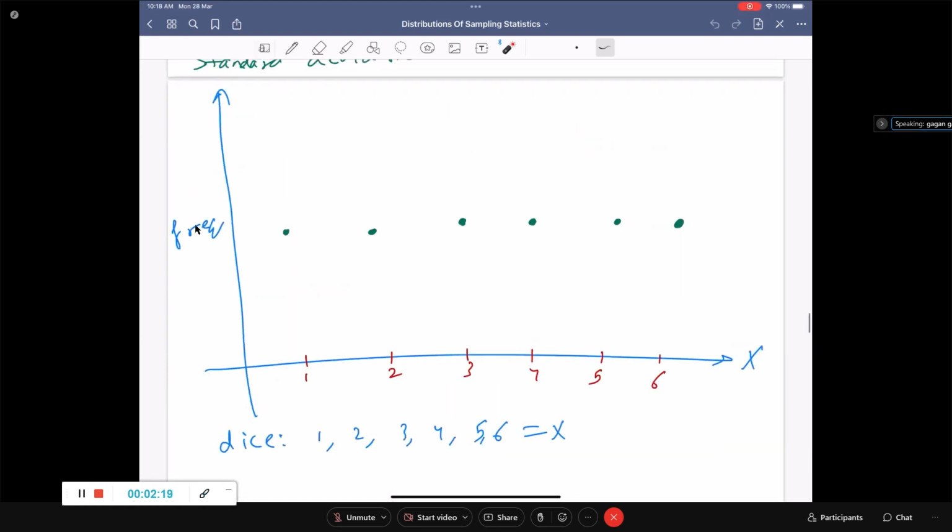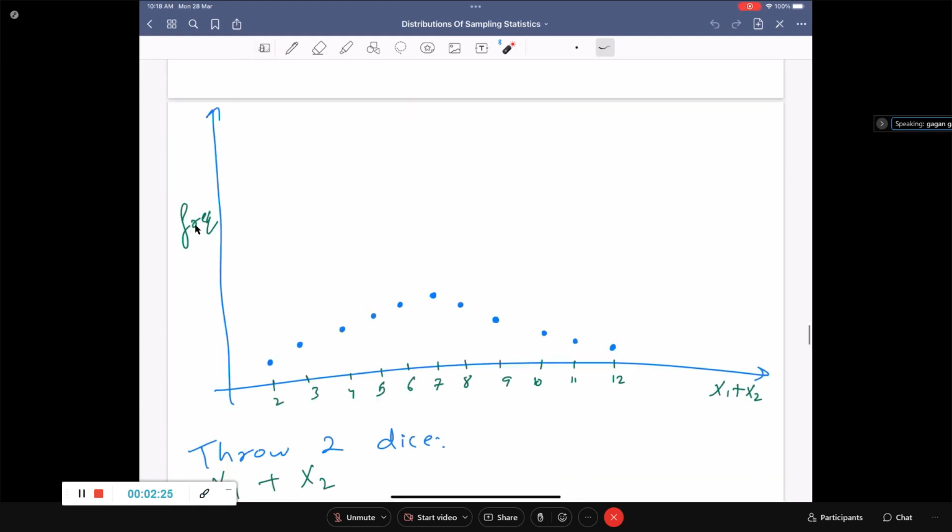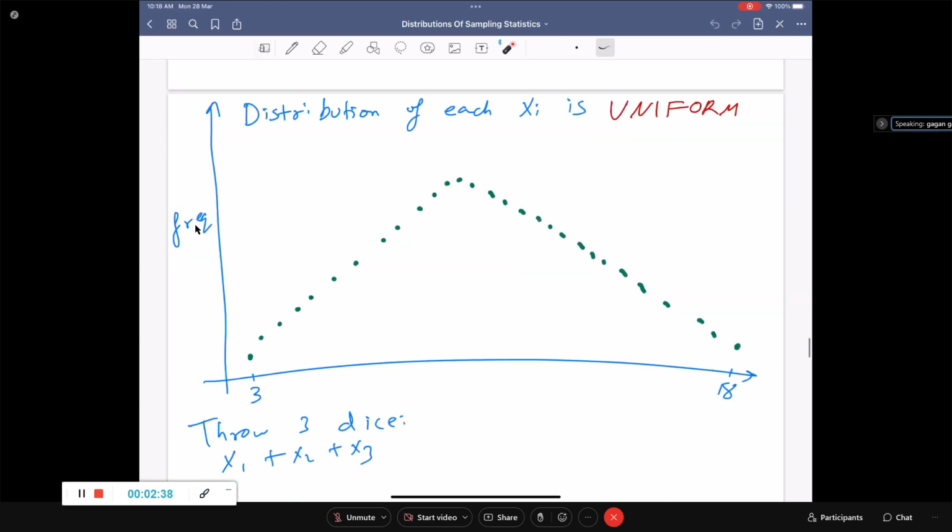So we saw an example of tossing dice. If you toss one dice, then you expect all the outcomes to be equally likely. However, if you toss two dice, then 7 has the highest likelihood. Then you have 6 and 8, and the lowest likelihood is that of getting 2 and 12. Similarly, if you throw three dice, then I think the highest likelihood will be that of 9.